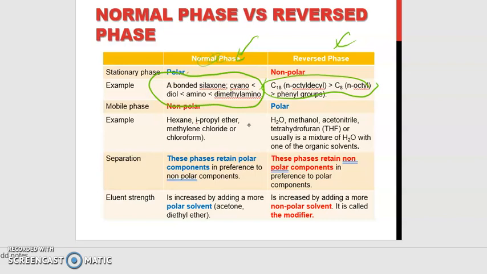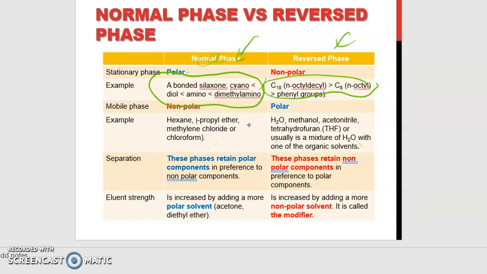Mobile phase is relatively non-polar for normal phase. For reverse phase, it is relatively polar. So example this. Kita pakai mixture of water ataupun organic solvents untuk alter dia punya polarity. Separation, these phases retain polar components in preference to non-polar components. Why?